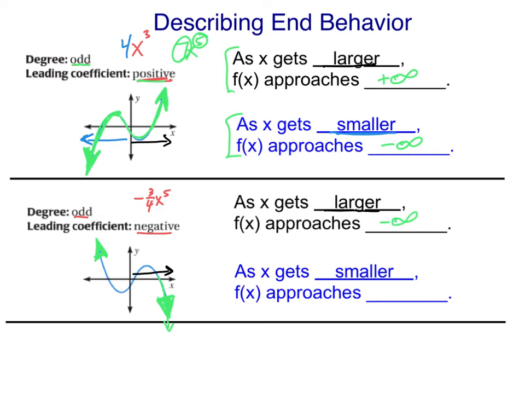Then as x gets smaller, as x goes this way, left or less, the graph at this point is going up, so I would write positive infinity. So these are the odd functions, odd positive and odd negative. Those are your sentences. Let's go look at even functions.